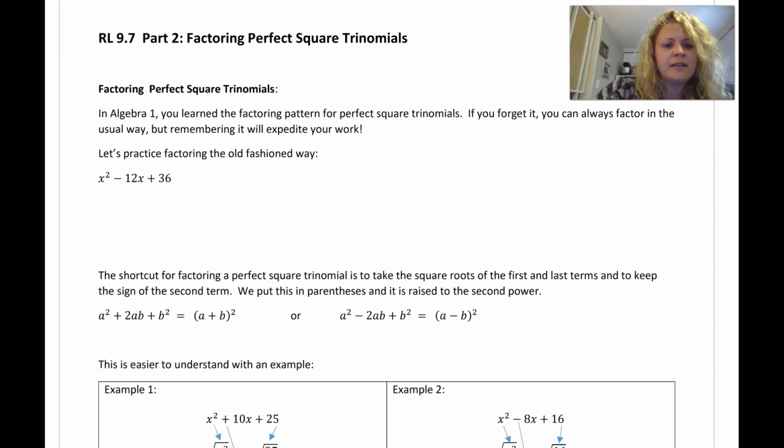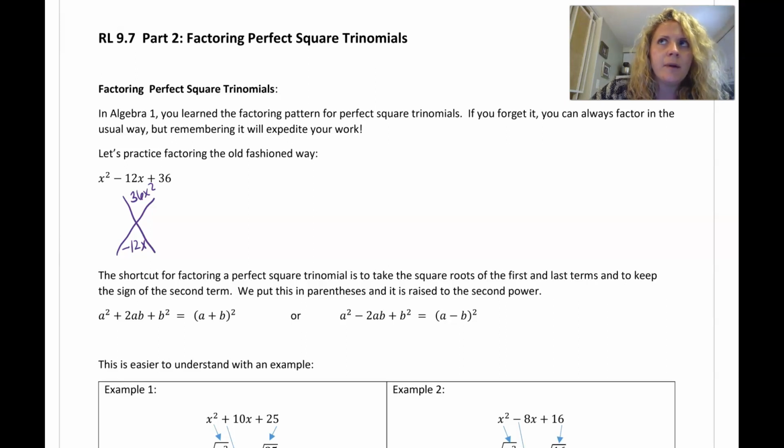The way we've done it at Eagle Crest is we have often made this little X where we'll say, all right, what happens if I multiply the first and last term and I consider the middle term, and I look for two numbers that have a product of the first and last, so in this case 36x squared, and a sum of the middle term, negative 12x.